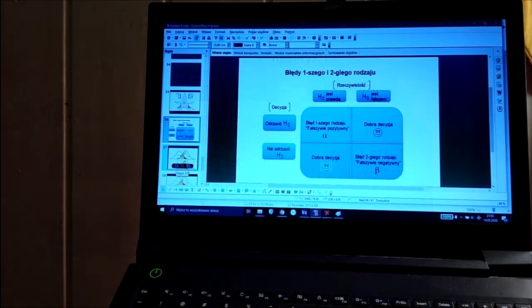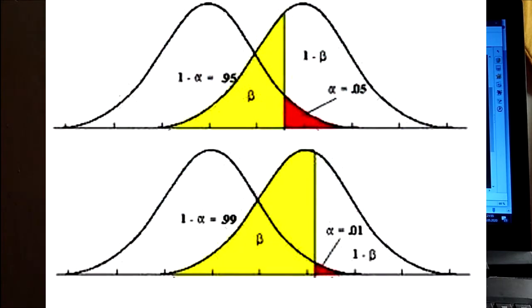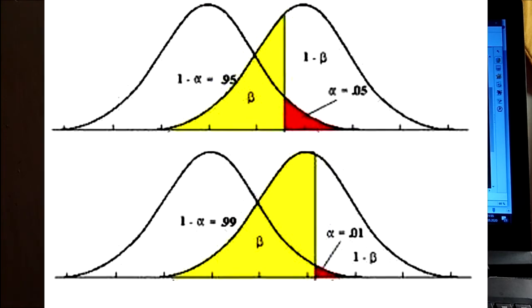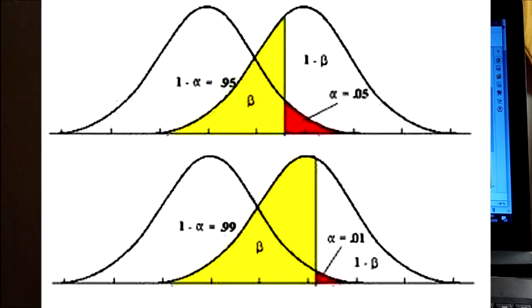Let's have a look at the diagrams. What is the relationship between those two errors? Let's consider two populations. They differ a little bit, and we are testing them. Let's assume that we take alpha equals 0.05.